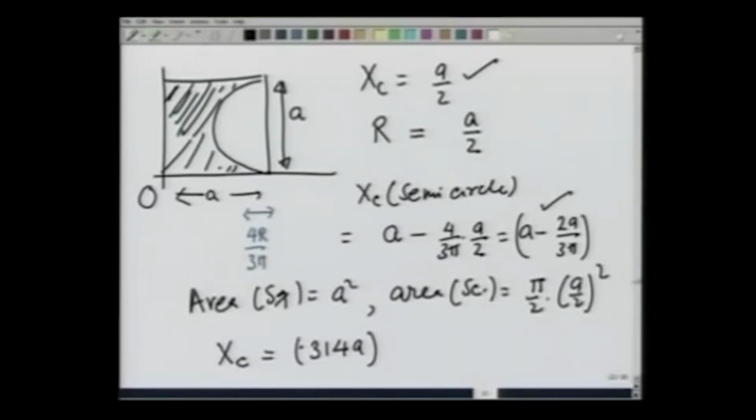Notice that if I had removed this half, let me make it with blue, if I had removed this half blue of the square, the XC would have been here at 0.25 A, but because of this extra area which I am showing here to the right, the centroid shifts slightly to the right and is at 0.314 A, which is greater than 0.25 A. That would have been the case if I had removed this entire half of the square.